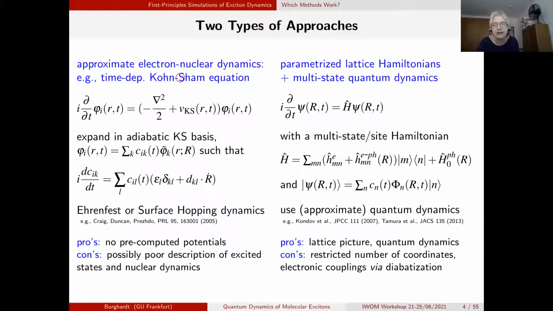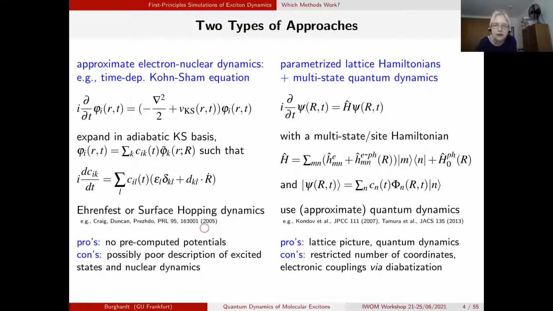So here the idea is that we do on-the-fly coupled electronic nuclear dynamics, typically starting from time-dependent quantum equations, and these are coupled to an approximate representation of the nuclear dynamics using, for example, Ehrenfest or surface hopping type schemes. This is nice because we do not use any pre-computed potentials, but there are potential drawbacks because we possibly get a poor description of the excited states and also a poor description of the nuclear dynamics.